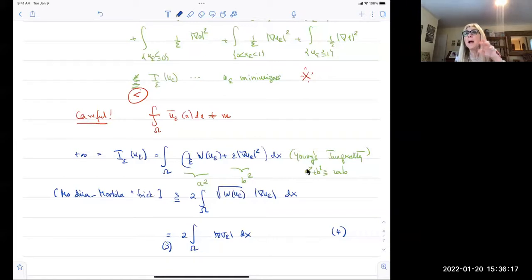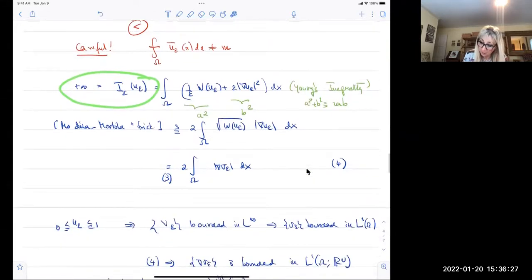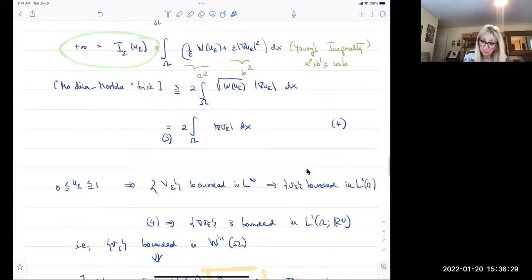Well, okay, I used it to truncate, right? But anyway, the truncation is out the window. What I really used though was this fact, because I got the fact that this was bounded.